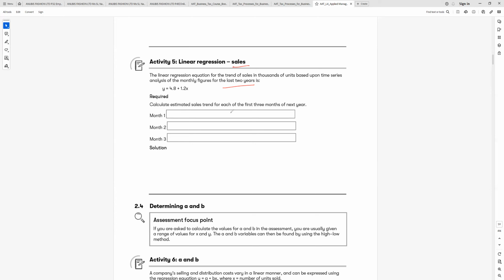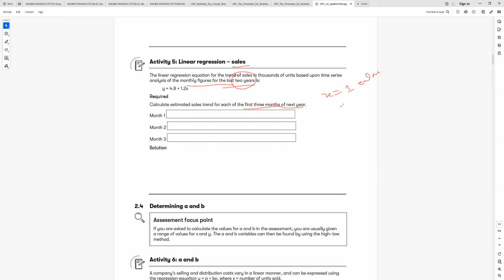Calculate the estimated sales trend for each of the first 3 months of the next year. Okay, next year. So that means we are in the first year and they're looking at the next year. So they're asking to find the monthly figure for the next 2 years. Remember that 2 years means 24 months, because x represents each month.